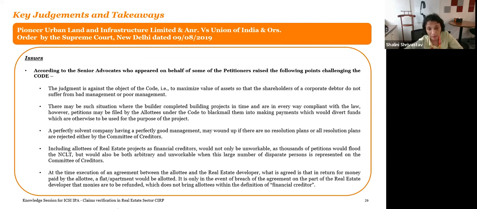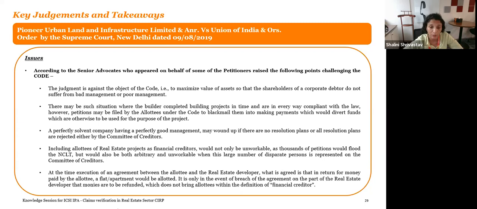A perfectly solvent company having perfectly good management may be wound up if there are no resolution plans or all resolution plans are rejected by the committee of creditors. Including allottees of real estate projects as financial creditors would not only be unworkable as thousands of petitions would flood the NCLT, but would be both arbitrary and unworkable when this large number of disparate persons is represented on the committee of creditors.